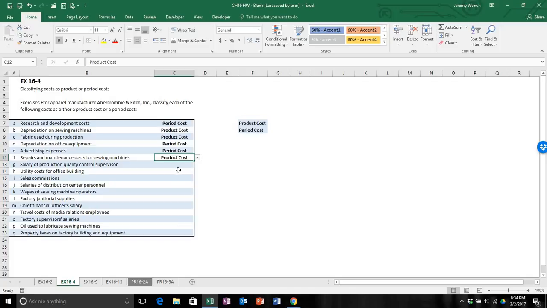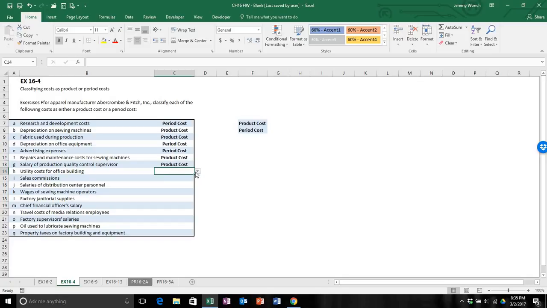Then we have salary of production quality control supervisor. This is somebody who's part of production, and if he's part of the production, he's part of the manufacturing, that is going to be a product cost. Then we have utilities for the office building.